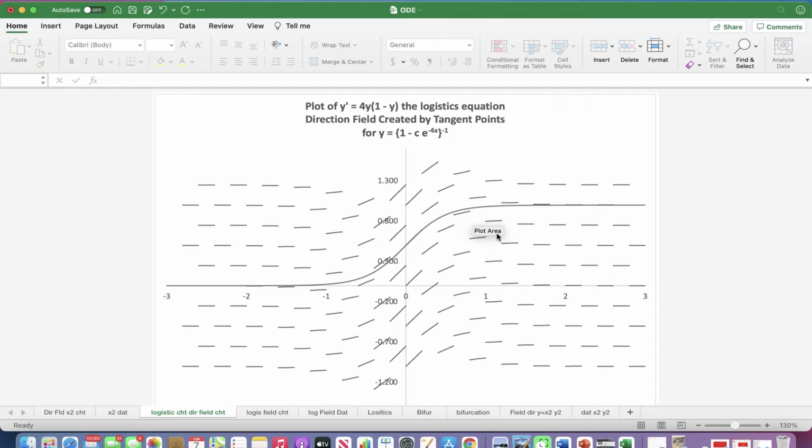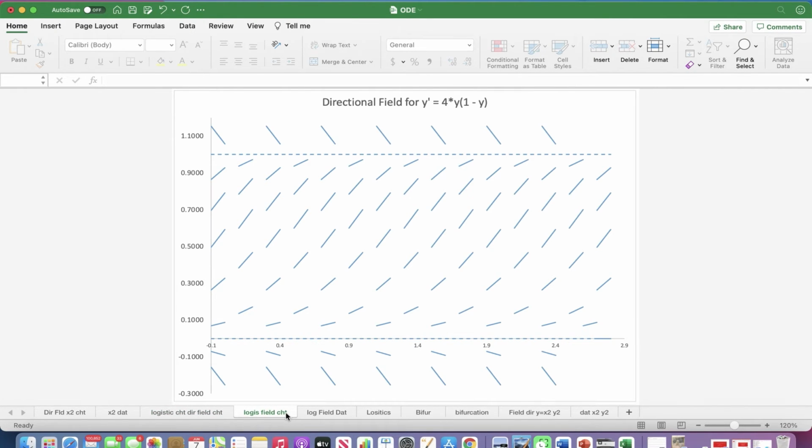But in this case, I did solve explicitly. You don't necessarily have that ability to solve explicitly, so you use y prime equals 4y times 1 minus y, and you can create a field from that data, and this is the field that comes out of that. Now, for a given y above 1 and below 0, you can see that the slopes are negative. For instance, the curve diverges away from the 0 line.